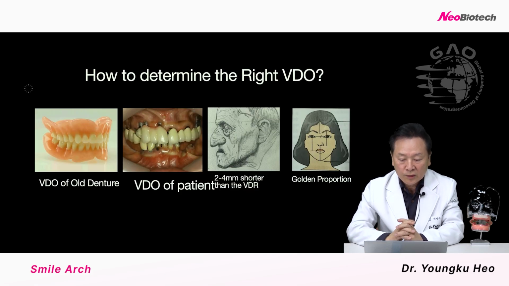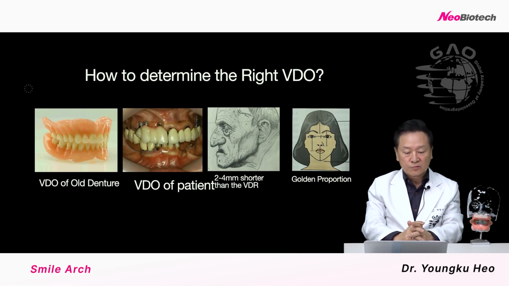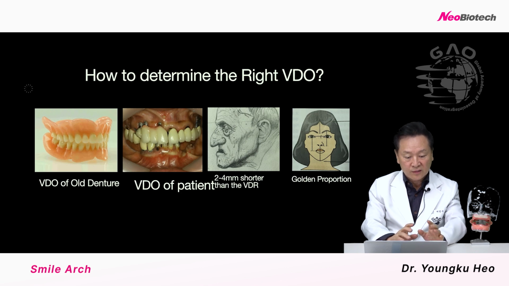There are many ways to determine vertical dimension of occlusion. We can utilize the old denture. There's a vertical dimension there. And also, if there is a dentition, we can measure the vertical dimension of occlusion.